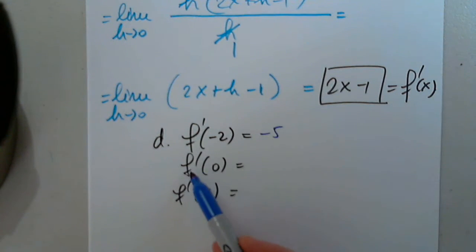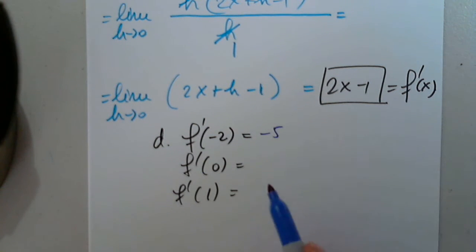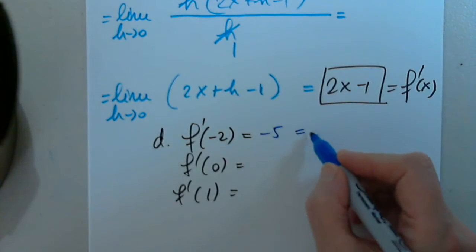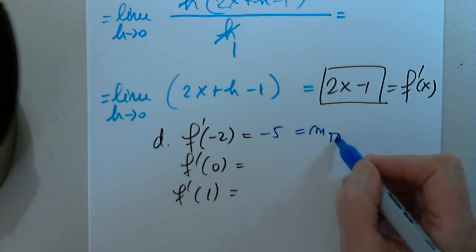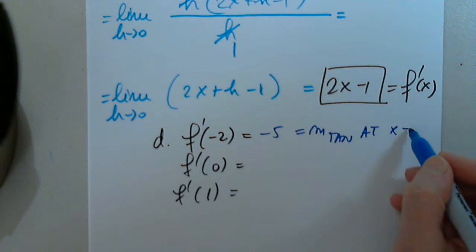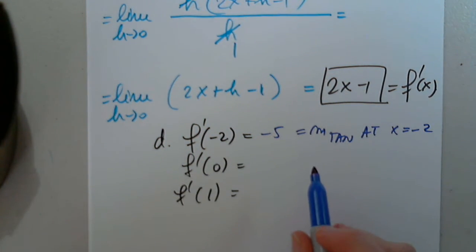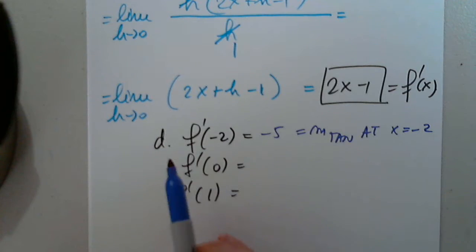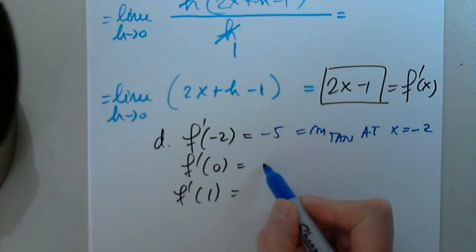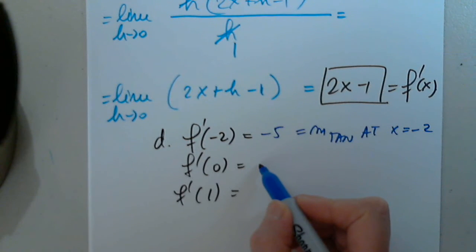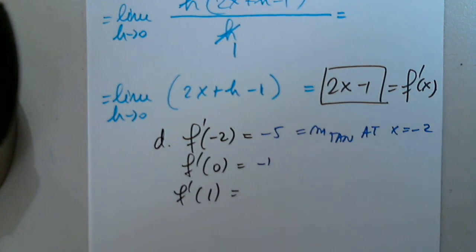f prime of x, f prime of 0. Okay. Exactly. Very good. So this is the slope of the tangent at x equals -2, or the instantaneous rate of change of the function at -2. So here, -1. Good. And the last one? +1.